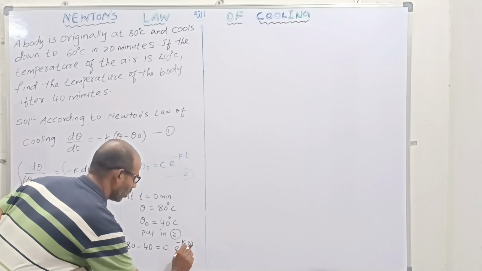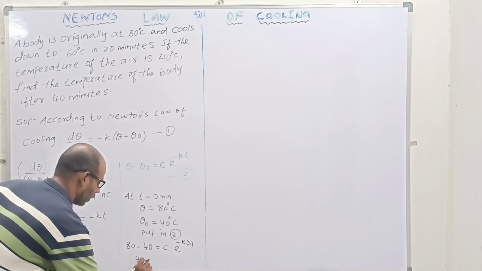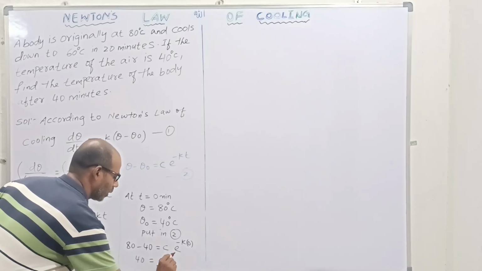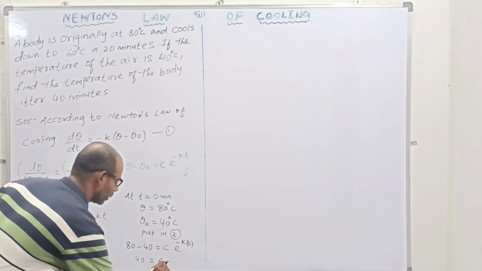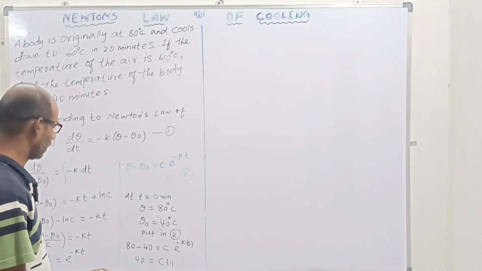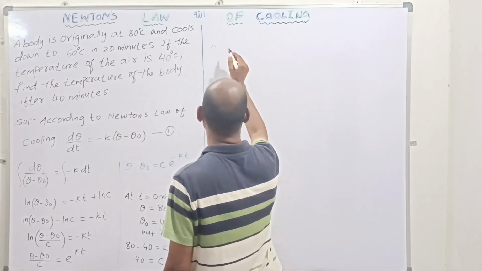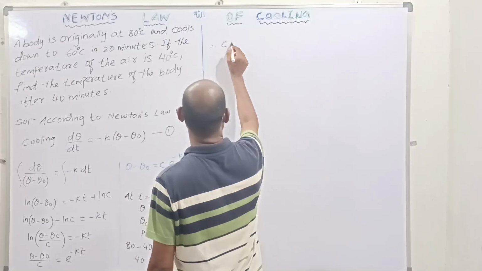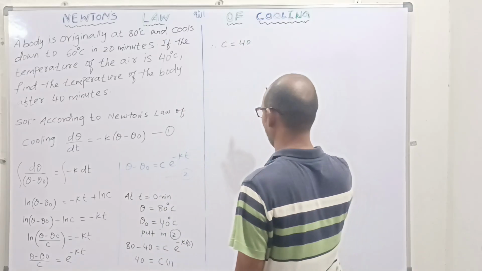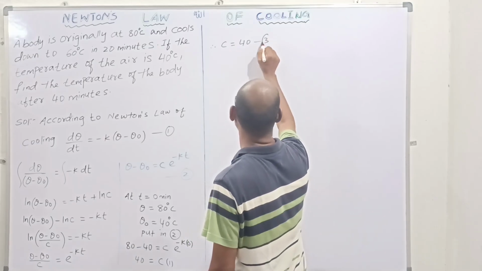So 80 minus 40 is 40, and 40 is equal to c into e power 0, which is 1. Therefore we get c is equal to 40. So this is equation number 3.